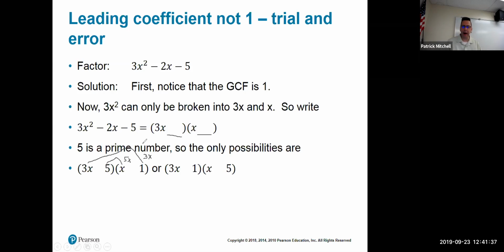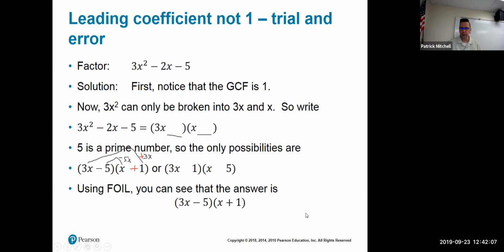I see that that will work as long as the 5x is a -5x and the 3x is a plus 3x. If the 5x is a -5x, then that means that the minus has to be here. And if the 3x is a plus 3x, that means the plus has to be here. So this thing has to factor as 3x minus 5 times x plus 1.